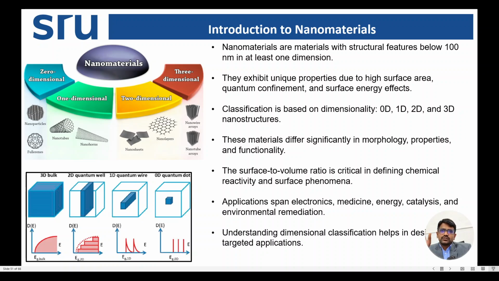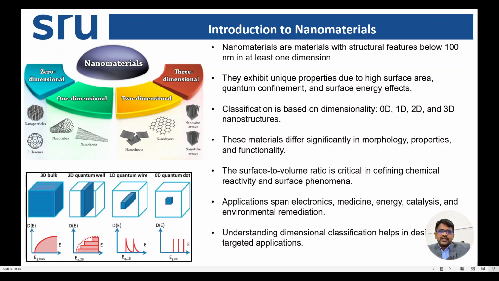So 0D, 1D, 2D, and 3D. Based on the dimensionality, they have different shapes and different sizes. Obviously, the surface area will change with respect to size, shape, and dimensionality.